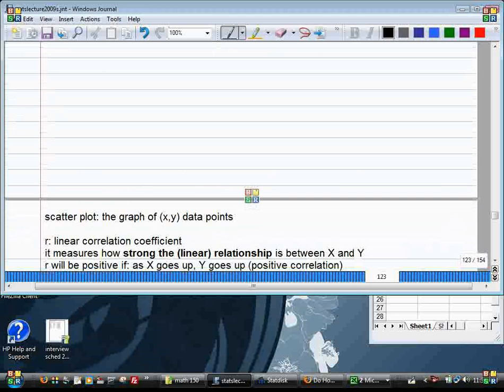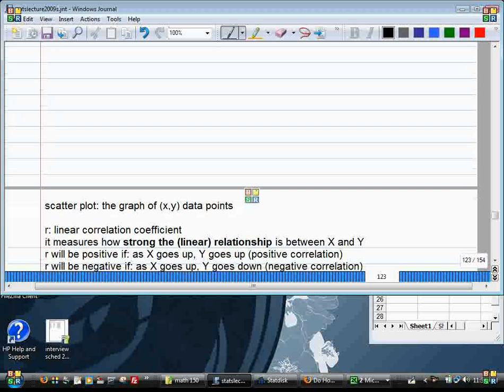R will be positive if, as x goes up, y goes up, which is called positive correlation. And can you guess what the next thing is? R will be negative if, as x goes up, y goes down, which represents negative correlation.